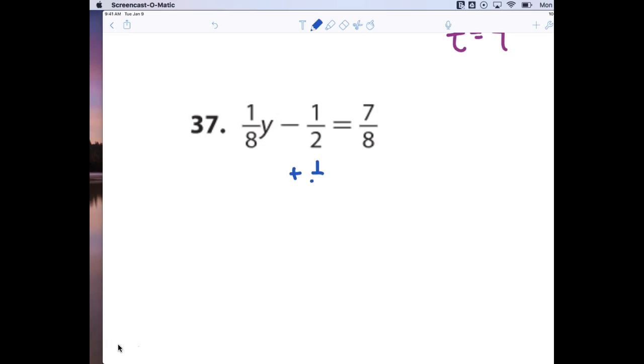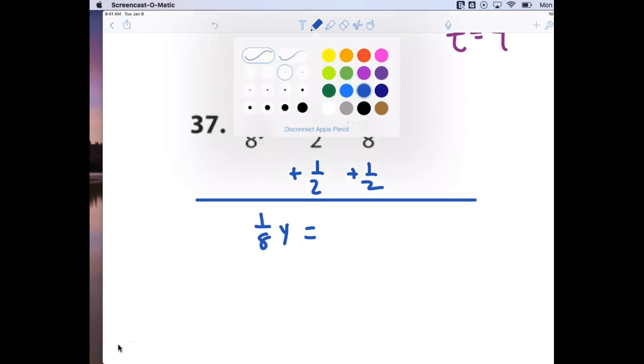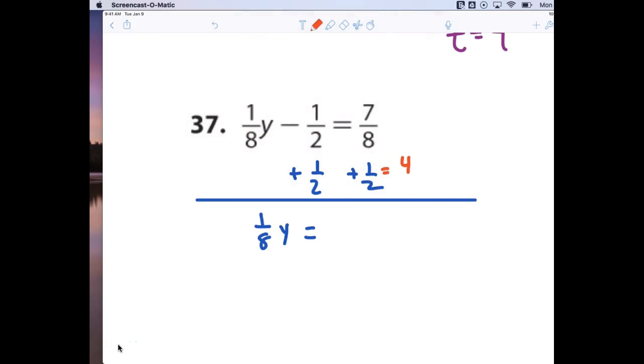And then plus 1/2, plus 1/2. 7/8 plus 1/2 is... Good. 1/2 is how many eighths? 1/2 is 4/8. Yes, good. All right. So 1/2 is the same as 4/8. So now what's 7/8 plus 4/8?